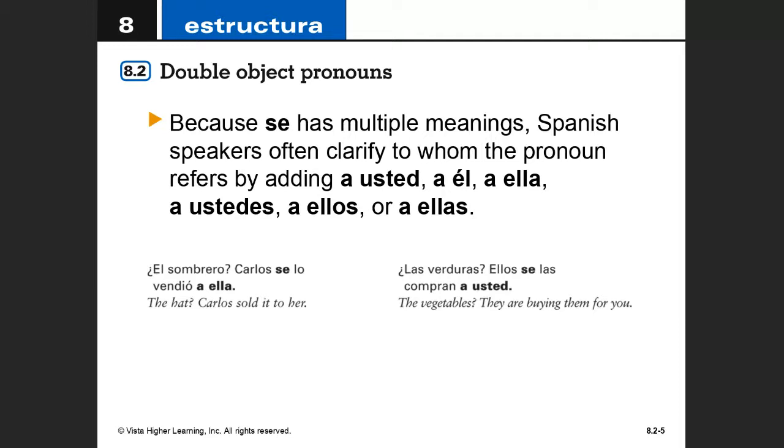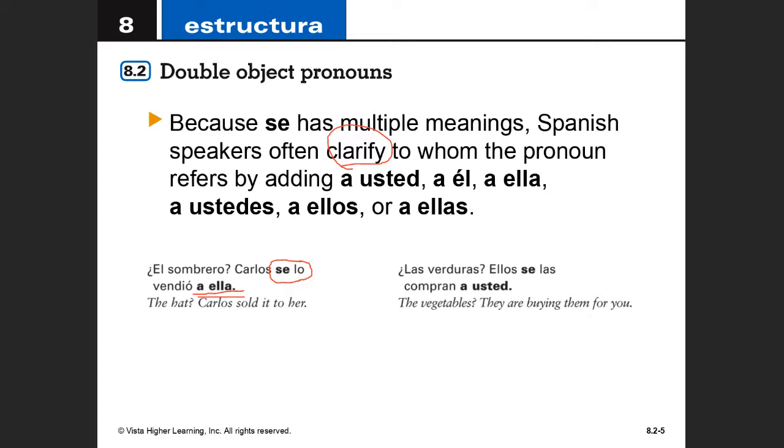Okay, in this case, you can still use the pronouns, just like you can see over here, but they are also using the indirect object at the end. And why? For the reason that we want to either clarify or emphasize the information.